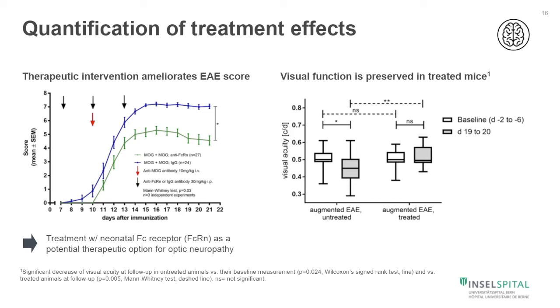So the visual acuity without the treatment decreases significantly in the EAE model, but when you treat the animal at day 20, you don't see that significant decrease of the visual acuity anymore. And by that, you have a means to compare the treatment directly to the visual function.